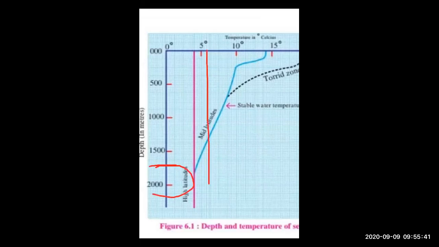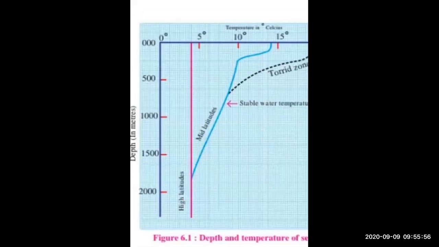When the water is at a greater depth, it does not freeze. And in this part, at 0 degree Celsius, here there is a polar region, and here the water is always frozen. As you know, in a polar region, you saw many times, the water is generally frozen.